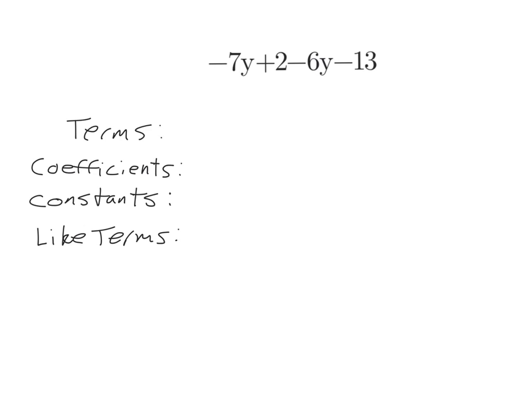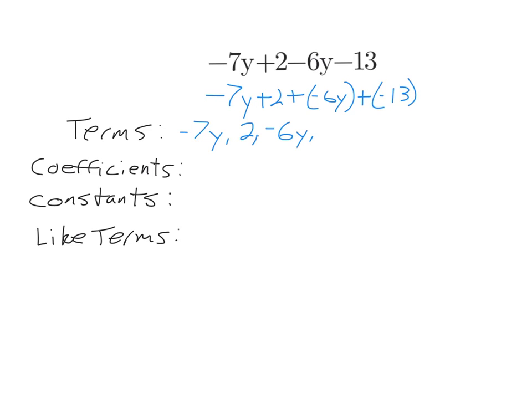We're going to take a look at a few more examples. In this case, negative 7y plus 2 minus 6y minus 13. I want to do the same thing I did on my last example. We're going to change this so that it's all addition. Negative 7y plus 2 plus negative 6y plus negative 13. So I only have addition here, and now I can identify my terms. Negative 7y, that's my first term. Positive 2, negative 6y, and negative 13, 4 terms.